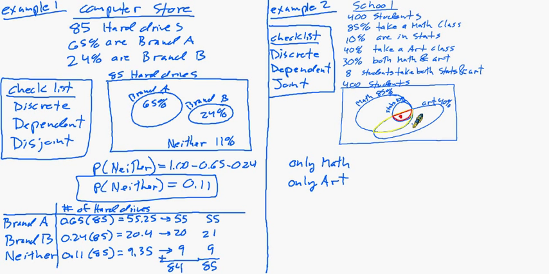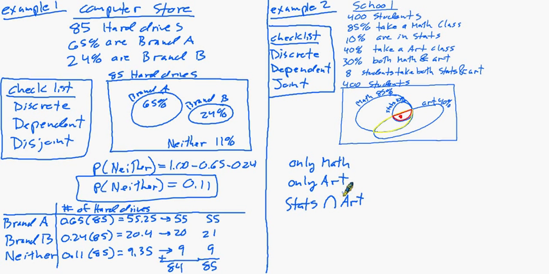So, for example, we might like this piece, this stats and the art. And the way I'm going to write that looks kind of like this. Remember, this symbol means intersection. So this is the intersection of stats and art, which is going to be right there, the red.